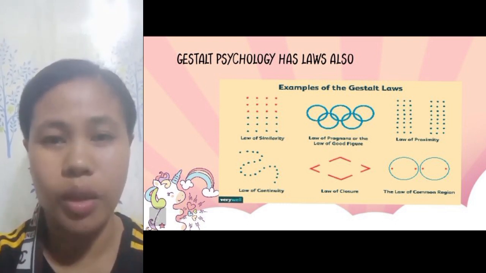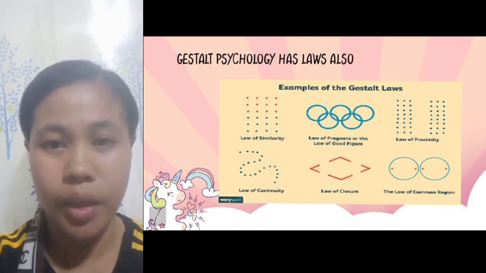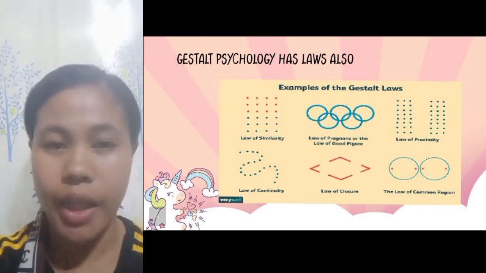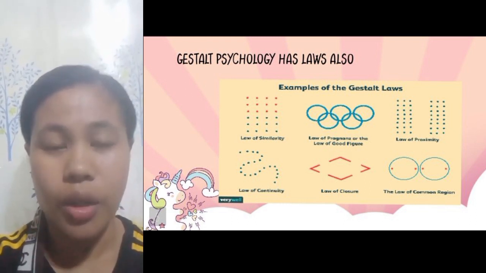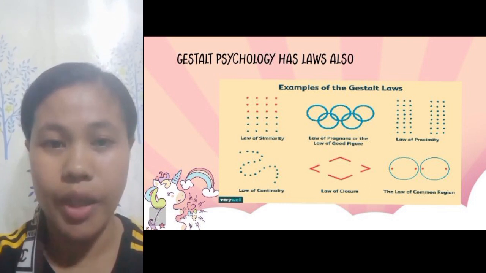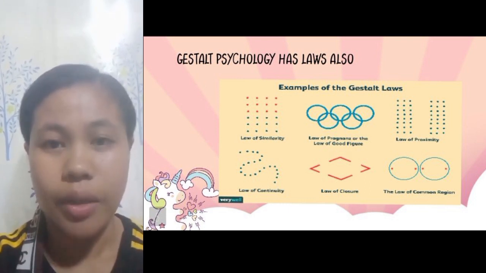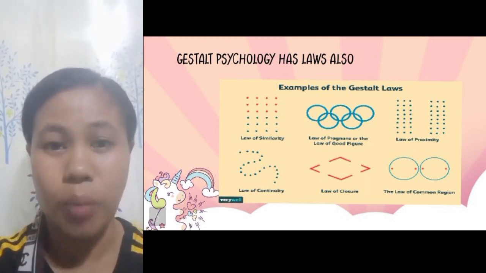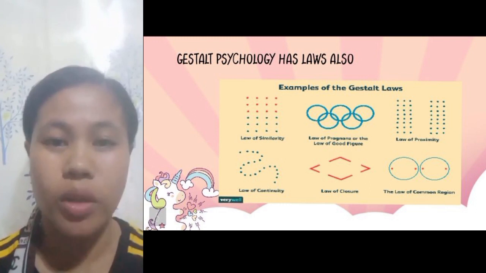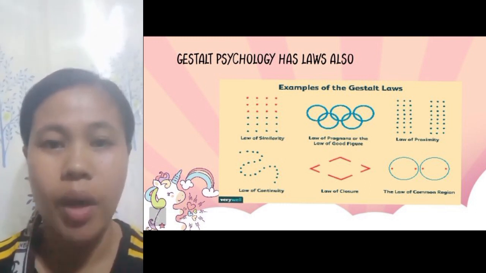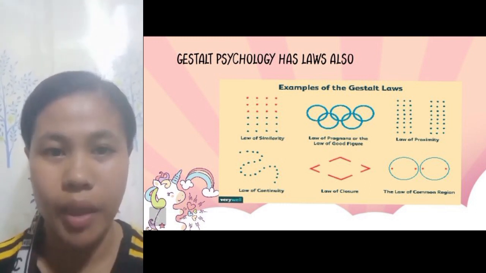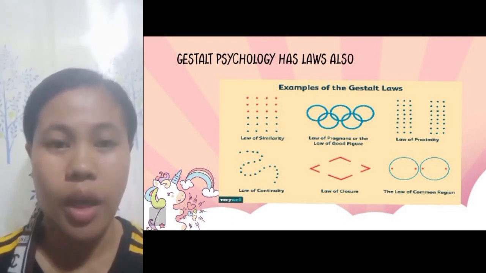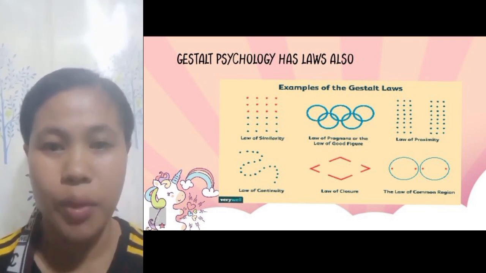A good example is a line with an arrow at the end of it. The symbol indicates that the user should follow the line and see where the arrow is pointing. This principle in design can help with grabbing the viewer's attention and directing them towards a specific design or information.